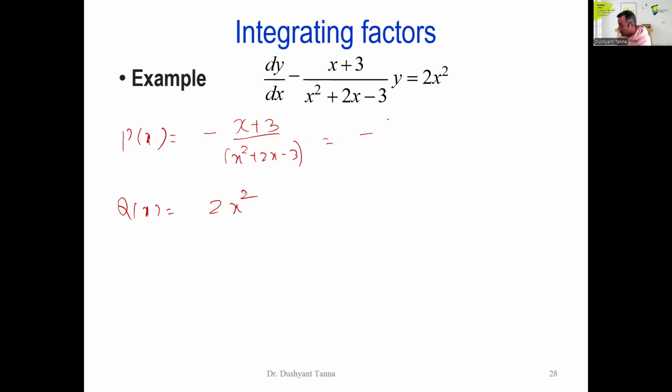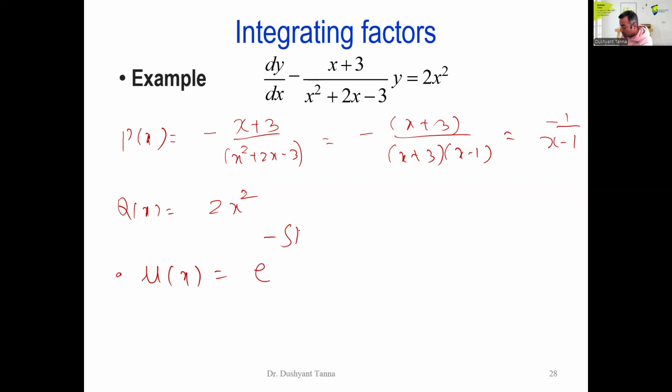By factorizing, product-sum factor or AC method, which I call it, x plus 3 and x minus 1, simply minus 1 over x minus 1. Or you could have said 1 minus x. I prefer x minus 1, because when you're integrating, it will be tricky. Now, once we identify P and Q, e raised to minus px dx, so the minus will be taken care of.